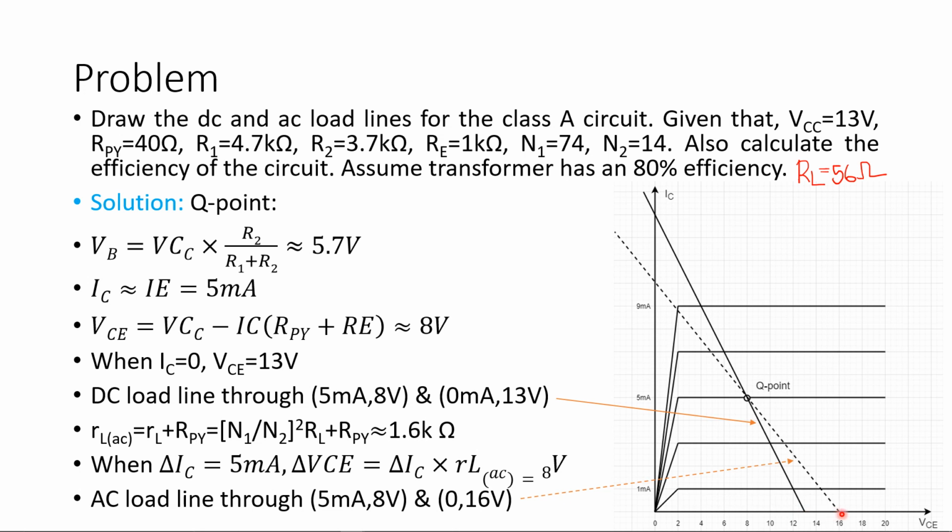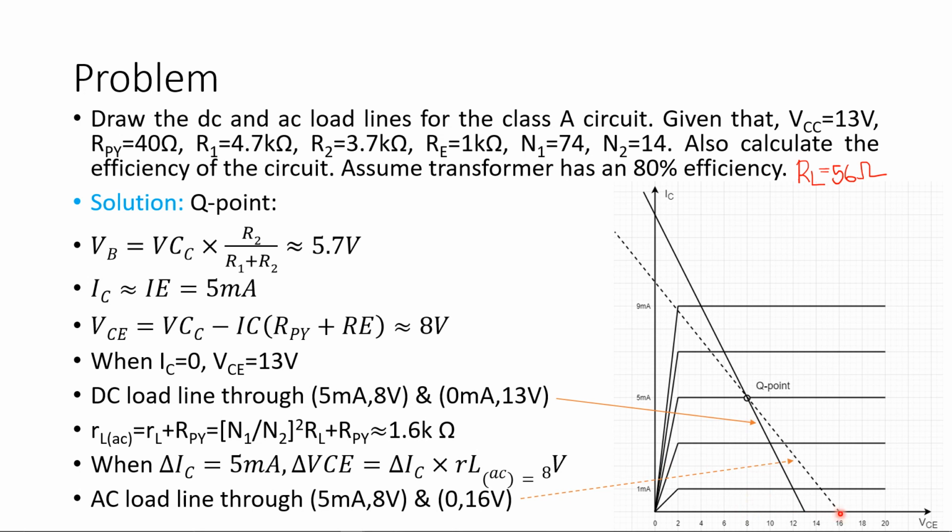So basically what we are getting here is another point, the AC point. This 8 volt you have to add to the bias point voltage, VCE voltage, to get the new AC point.